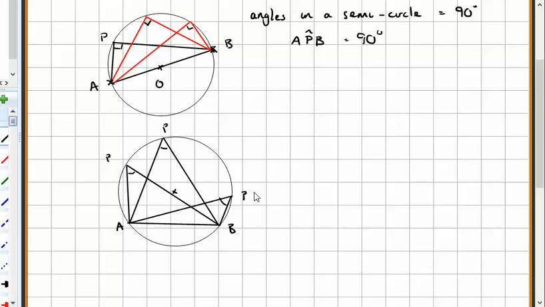So you can't give me a value, but they're all equal. So APB is always the same.